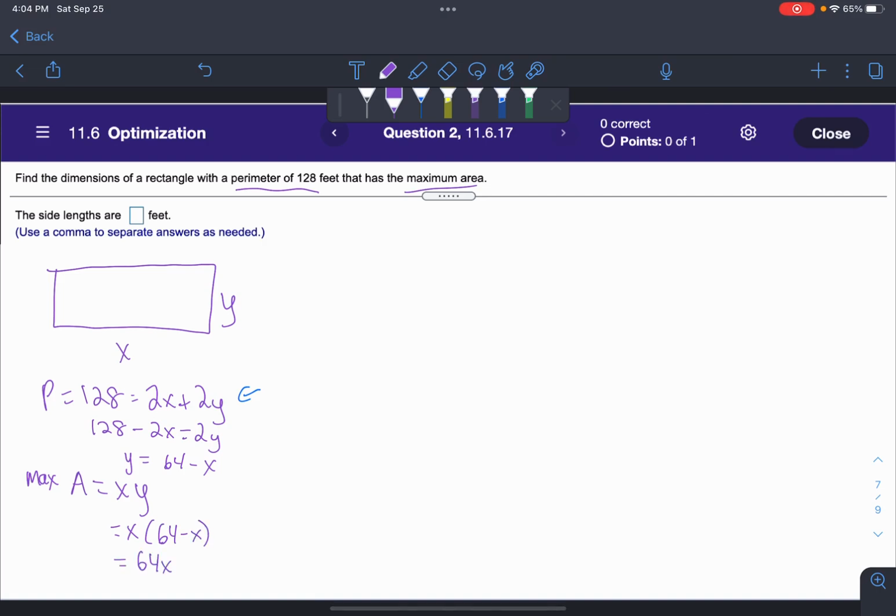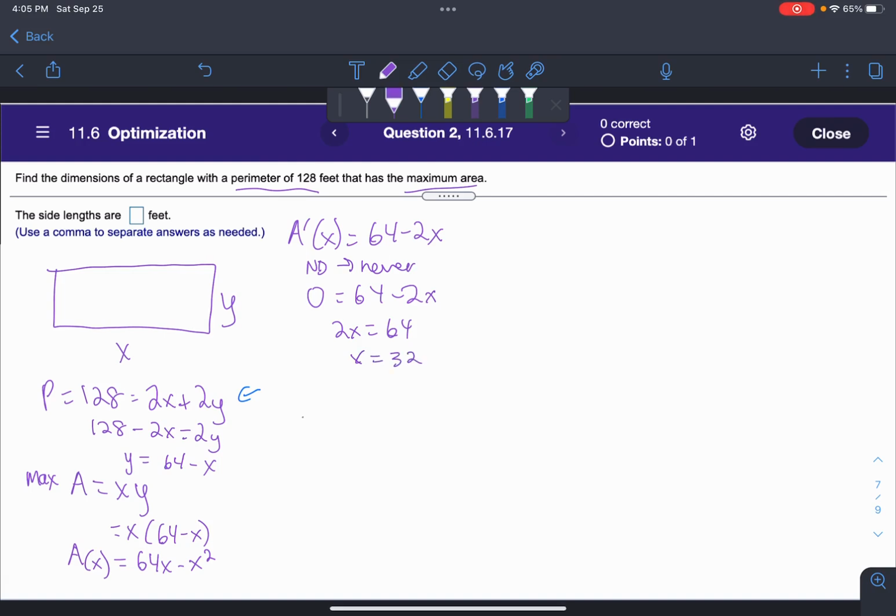Distribute it in, and that's what I got for my area function in terms of x. Let's take the derivative, A prime, and that will give me 64 minus 2x. It will never not be defined, right, because it is a line, but it equals 0 when 64 minus 2x is equal to 0, so 2x is equal to 64, where x is equal to 32.